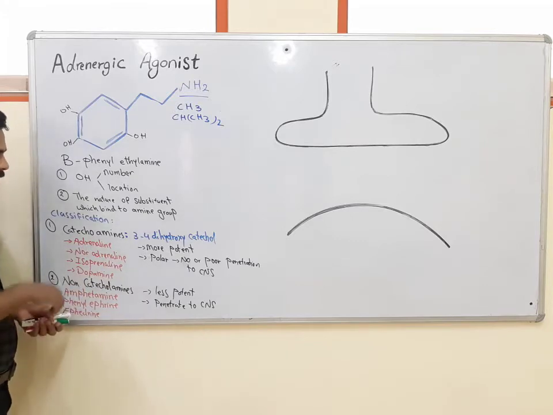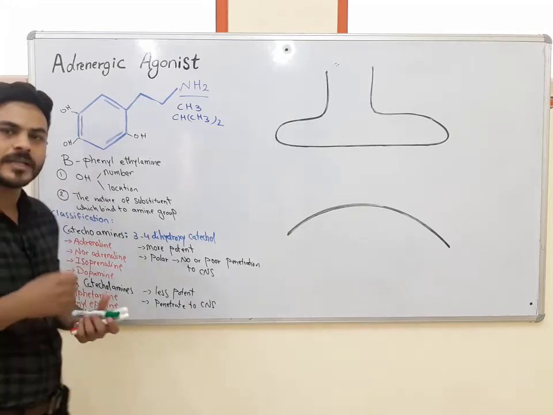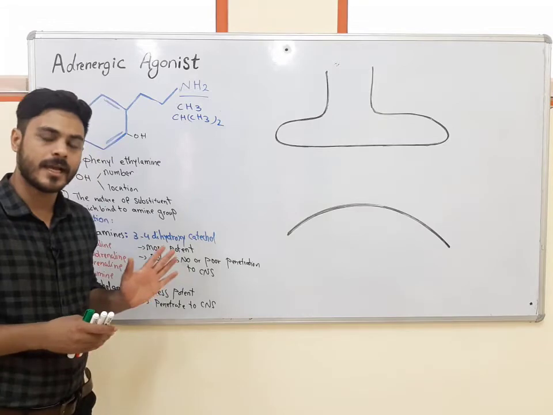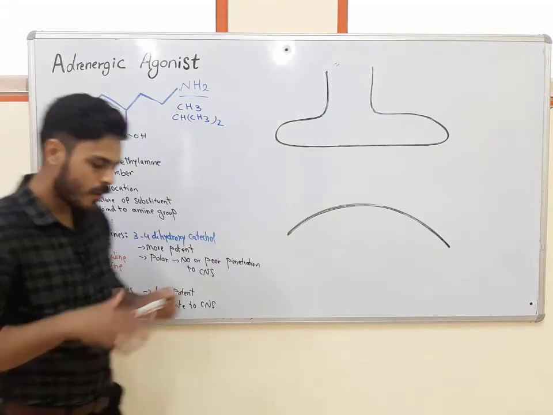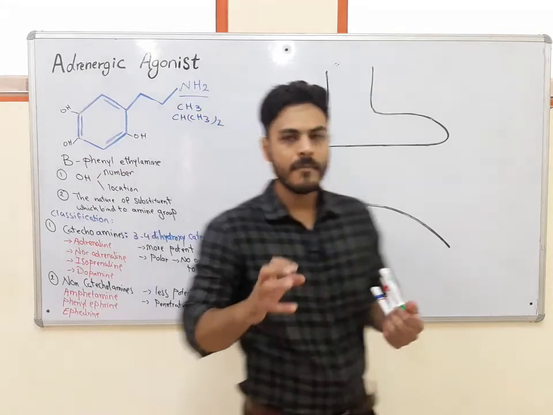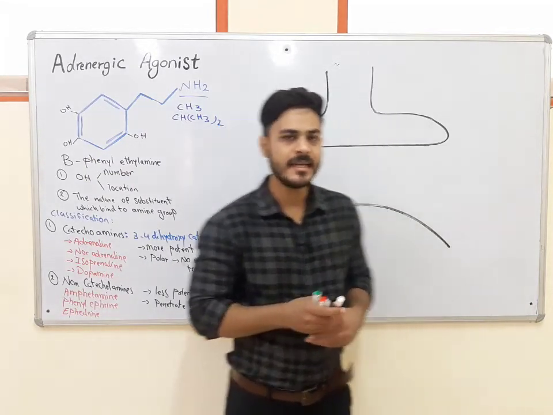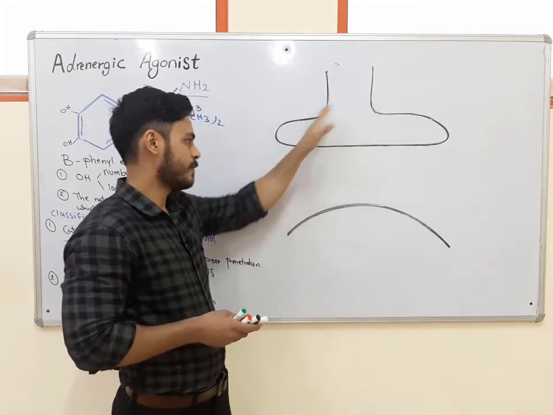This was the classification of adrenergic agonists on the basis of their chemical structure. But we can also classify adrenergic agonists on the basis of their mechanism of action. We know that some adrenergic agonists can increase the release of the neurotransmitter from the presynaptic neuron.